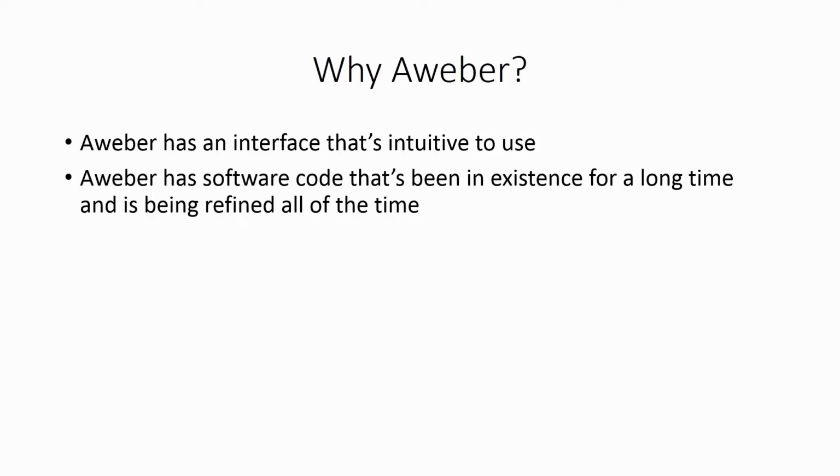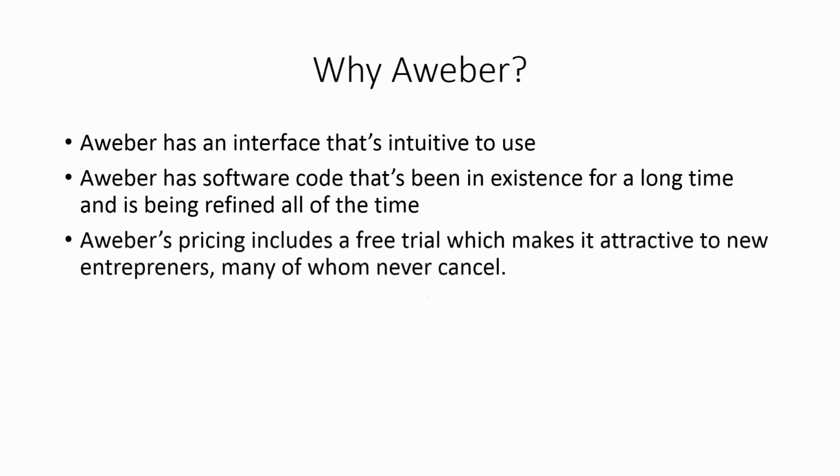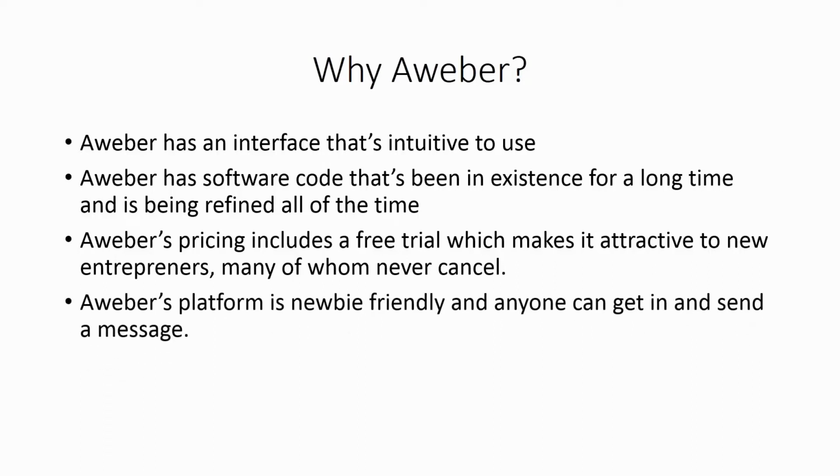That means it makes it easy for some of these companies we've been talking about to integrate with them. Their pricing model has been the same for almost a decade. It always includes a free trial and makes it attractive to new entrepreneurs, many of whom get started with Aweber and never cancel. And Aweber's platform is newbie friendly. Anybody can get in, and I said this before, send a message.